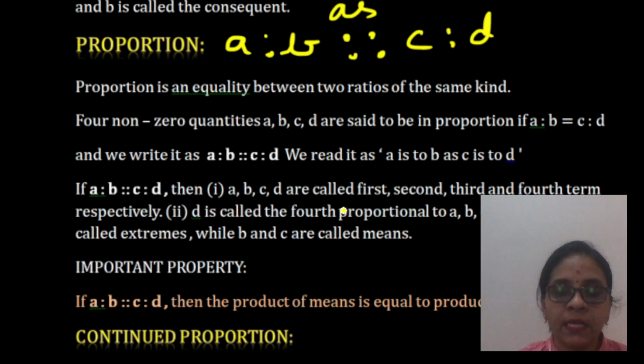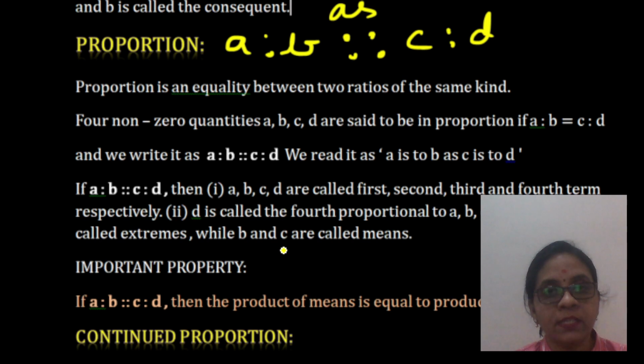Now A, B, C, D are called the first, second, third and fourth terms respectively, and D is called the fourth proportional to A, B and C. The last one, D, is called the fourth proportional because A is first proportional, B is second proportional, C is third proportional. D will be the fourth proportional to A, B and C. Also, product of means is equal to product of extremes. What is product of means and product of extremes?